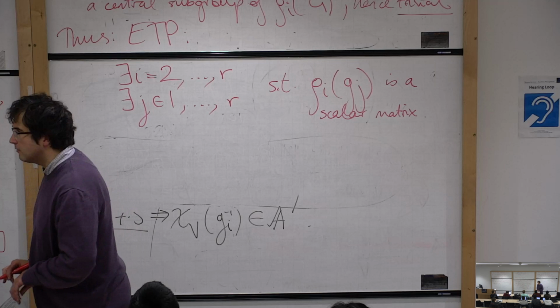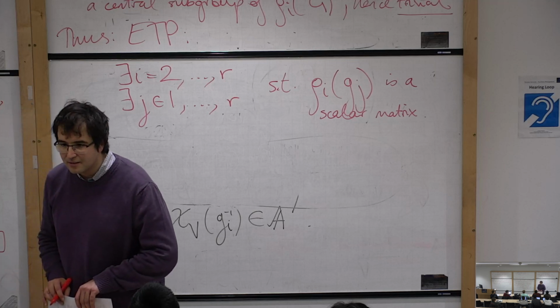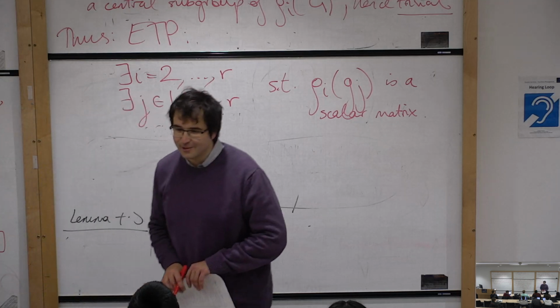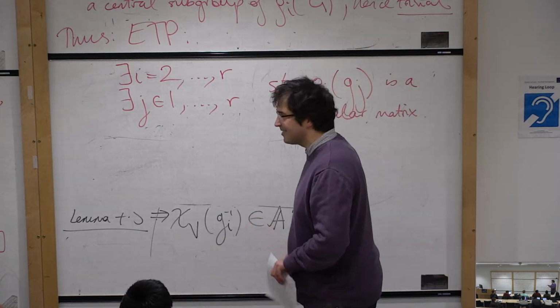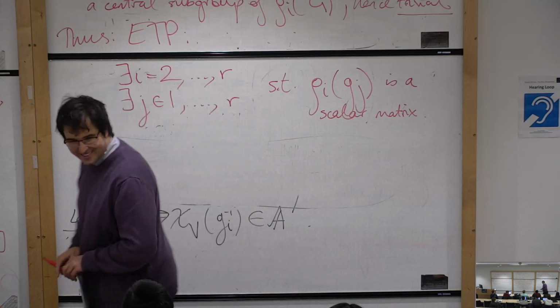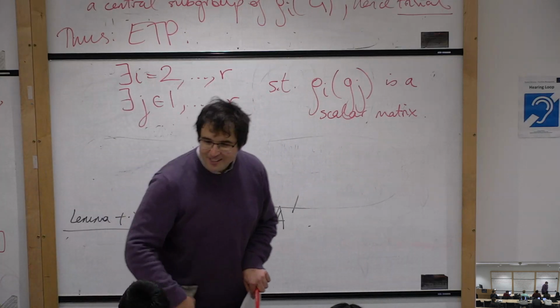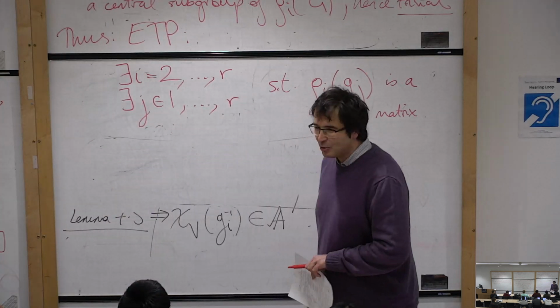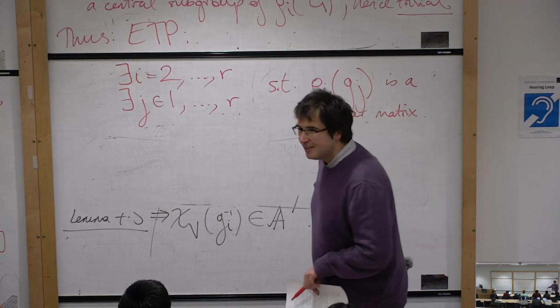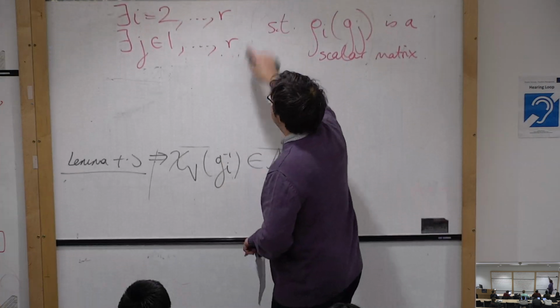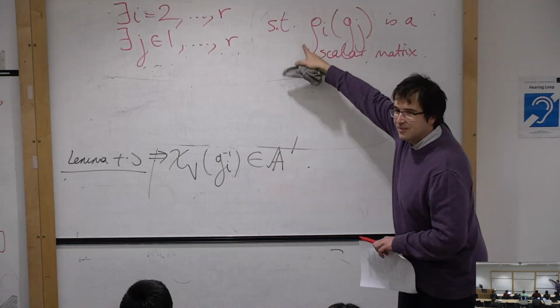No. That's my jargon for linear character. Linear character means one-dimensional. All representations are linear. I mean, there are also permutation representations, right? Yeah. In groups acting on sets, you had a group acting on a set giving you a function from the group to the symmetric group. Okay, is everyone happy, or will this be enough?